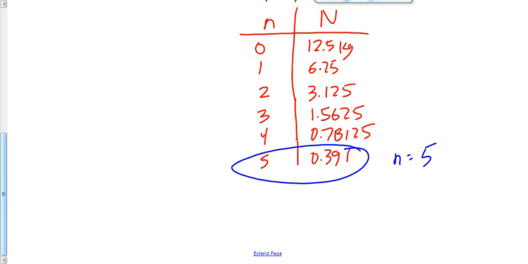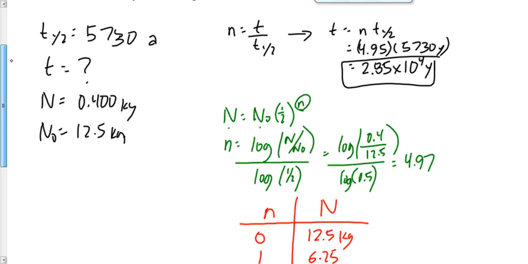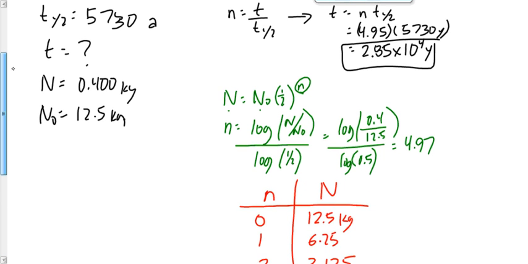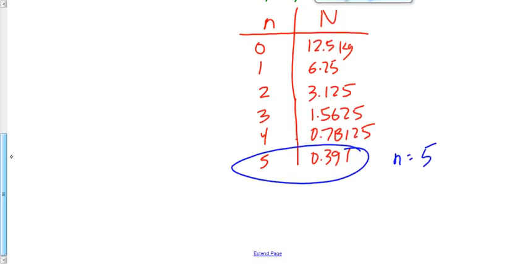Here's what the curriculum objective says that you have to be able to do with this. It says you have to be able to perform simple, non-logarithmic half-life calculations. In other words, could you get a question like this? Yes, you could, where you're allowed to use logarithms. But there has to be another way to do it. In other words, if you get a question like this, little n either has to be a whole number or so close to a whole number that it might as well be a whole number.